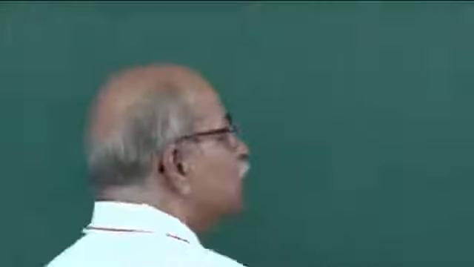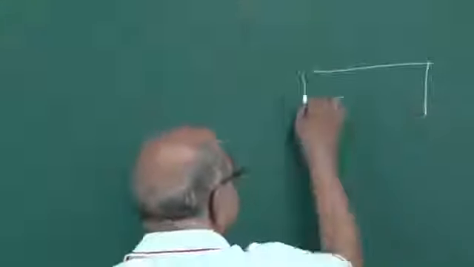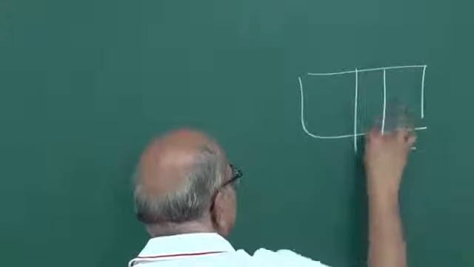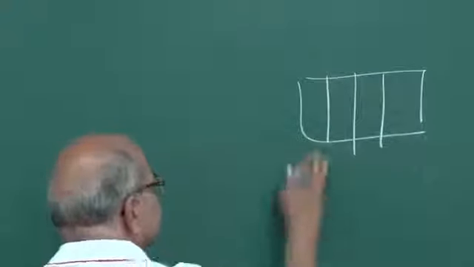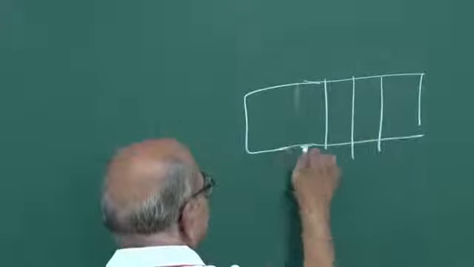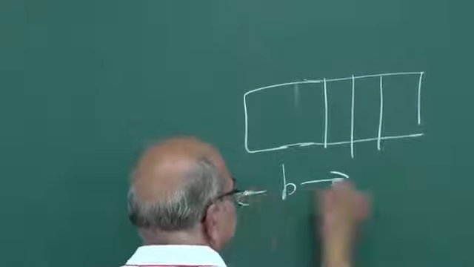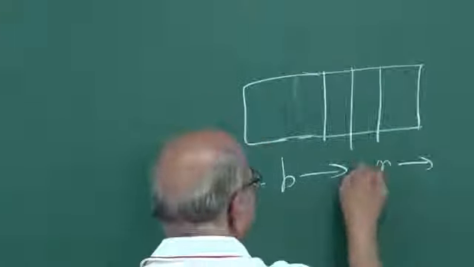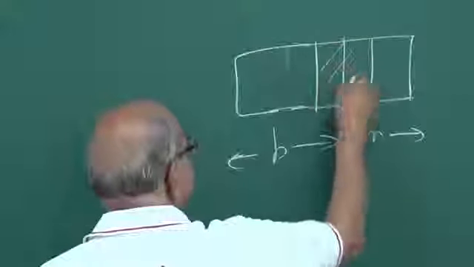Okay. So if you have this p-n junction and you have the depletion layer, say this is p side, this is n side, and this is the depletion layer.